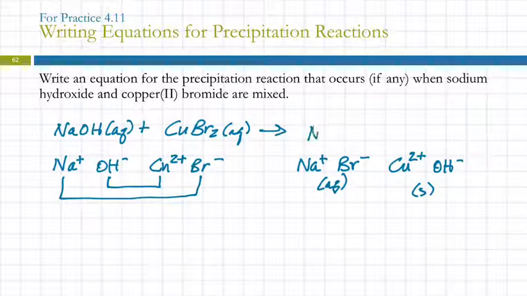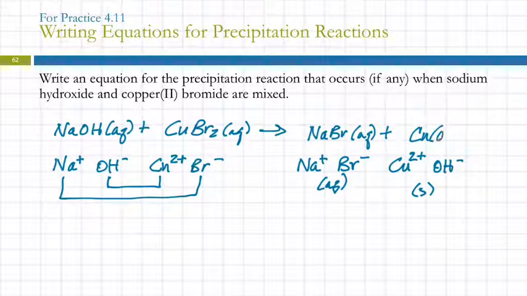So I'm going to write the formula for sodium bromide and put AQ because it's soluble. For copper 2 and hydroxide, I'm going to have 1 copper ion and 2 hydroxide ions. No charge there. Cu(OH)2. And I'm going to write S because that's a solid. And then I have to balance the equation. So I have 1 sodium and 1 sodium.